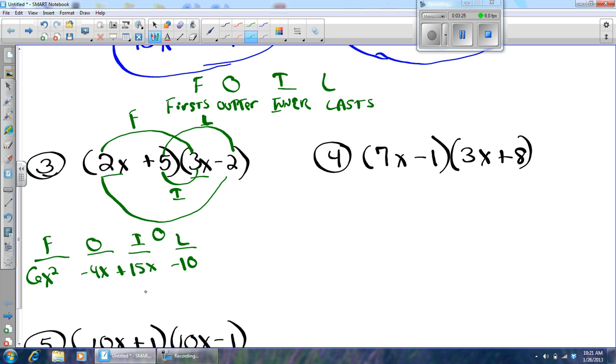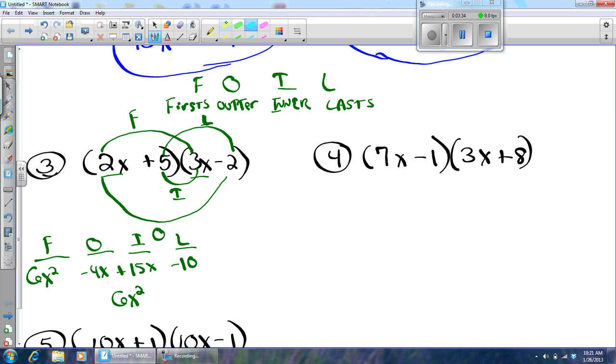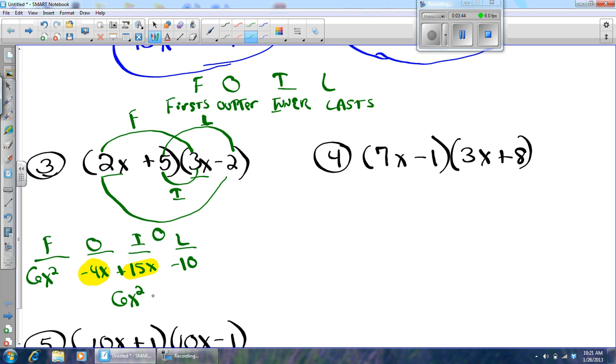Now this problem is not done because you see right here, I have two like terms. I have a minus 4x and a positive 15x. So I'm going to go ahead and put those together. And that will give me a positive 11x and then a negative 10. And there we go. We just foiled.